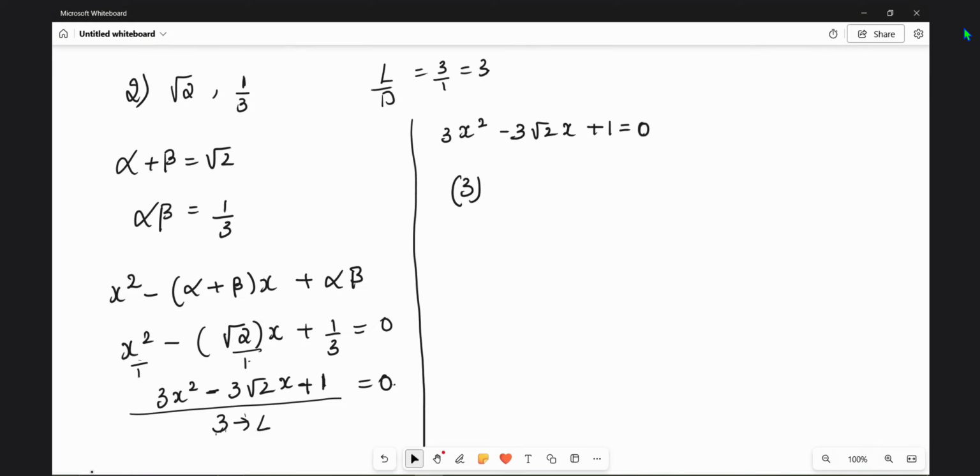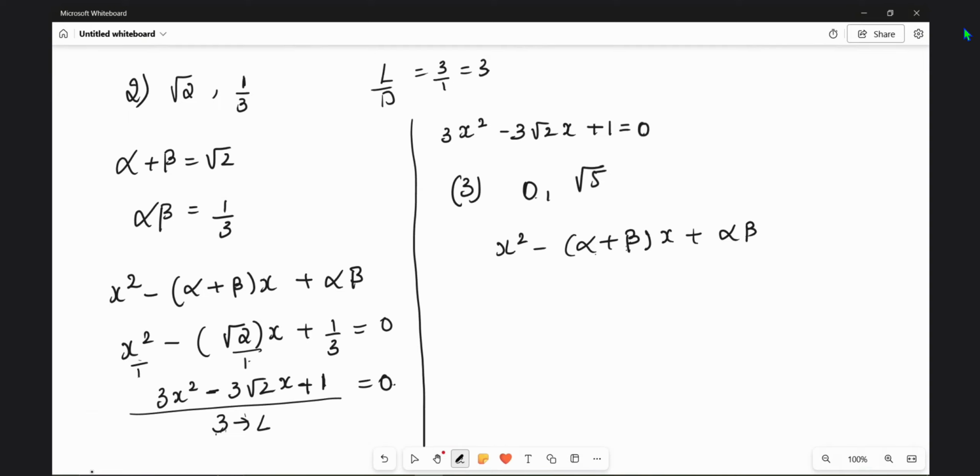Written everyone? Next one, 0 comma root 5. Do this. So instead of alpha plus beta, it is 0.